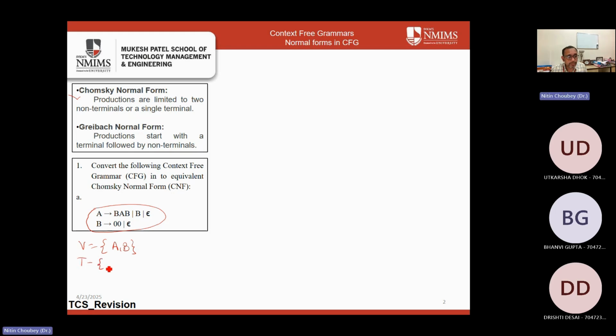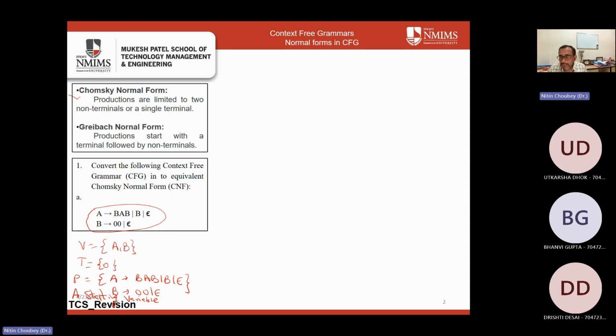T is equal to {0}. P is A gives BAB | B | epsilon, and B gives 00 | epsilon. And A is the starting variable.